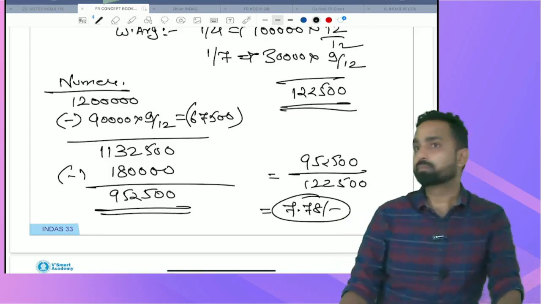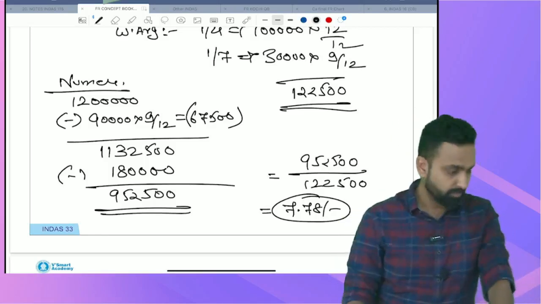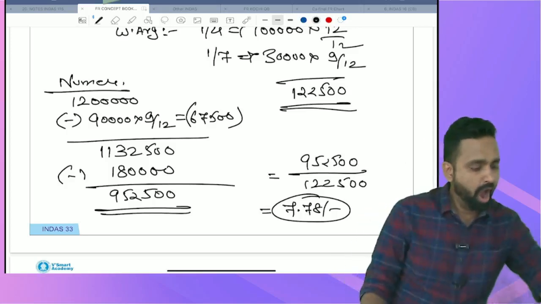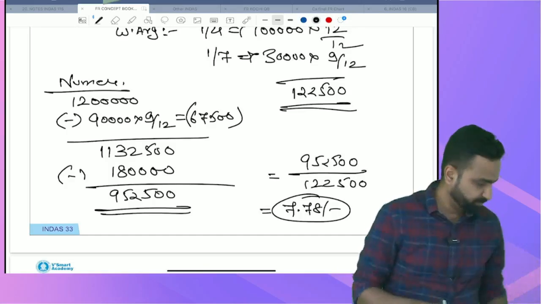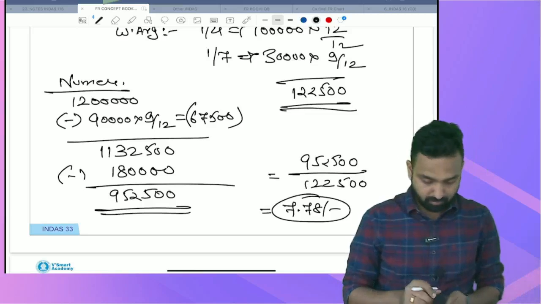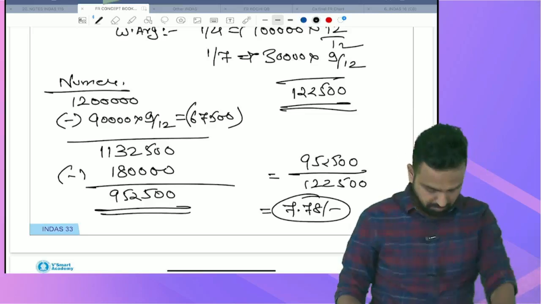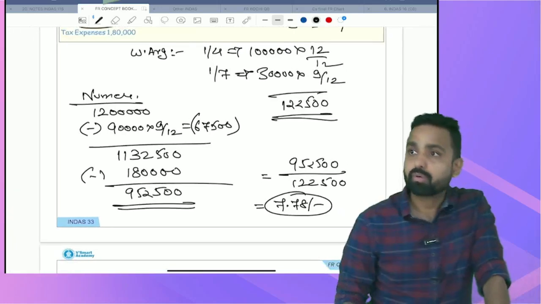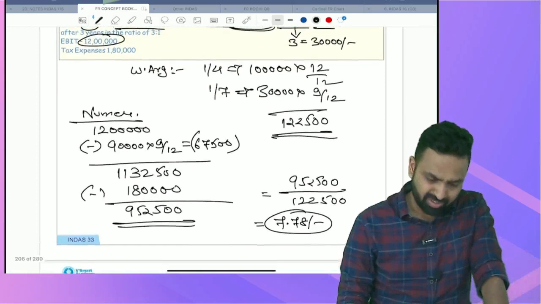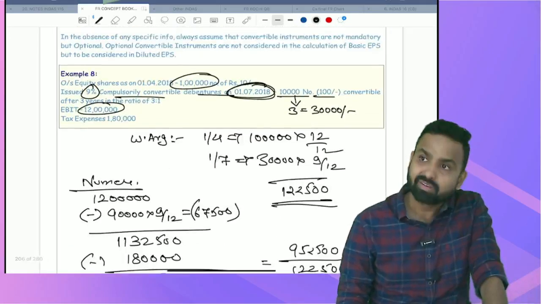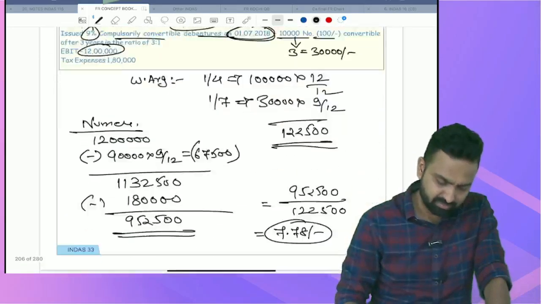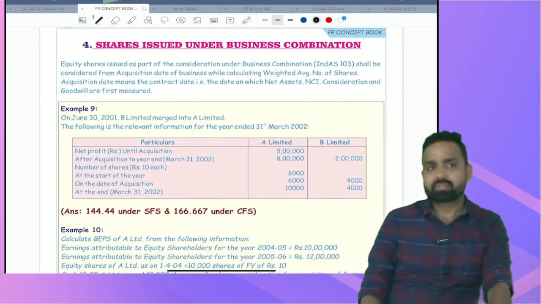Understood, guys? What tax saving? It is final. 180 is after all effects.